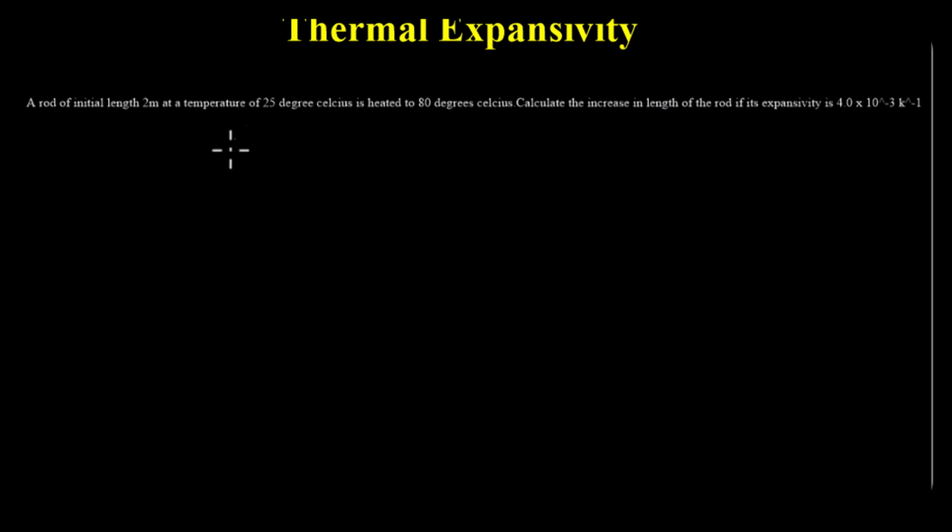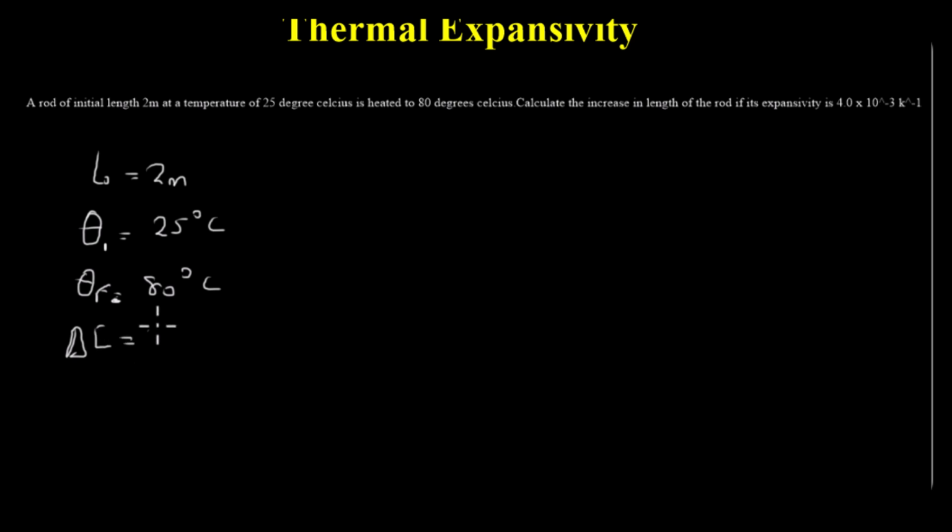So from the start of the question, we know we are given the initial length to be 2 meters. Then the initial temperature, temperature 1, is 25 degrees Celsius. The final temperature is 80 degrees Celsius. Then one has to calculate the increase in length, or otherwise known as the change in length.